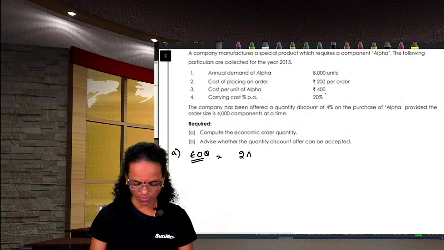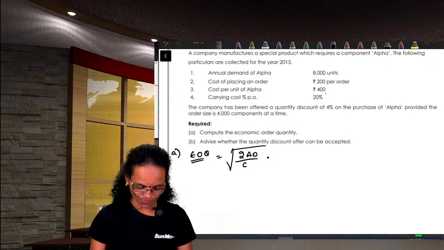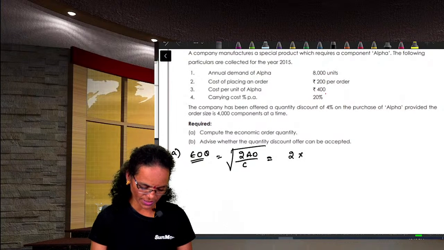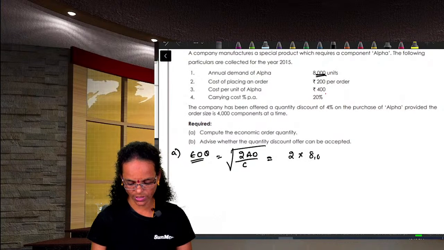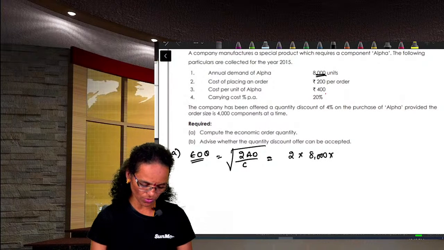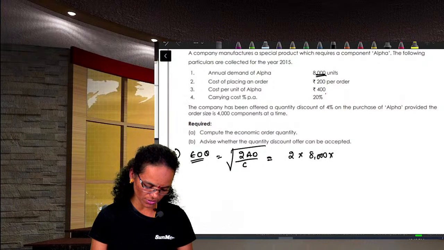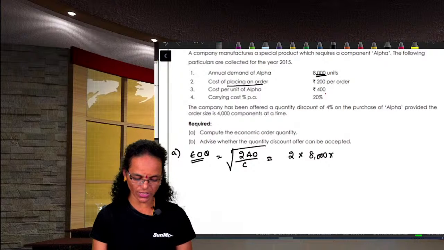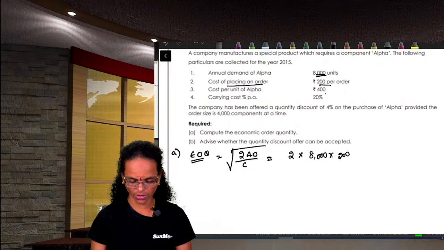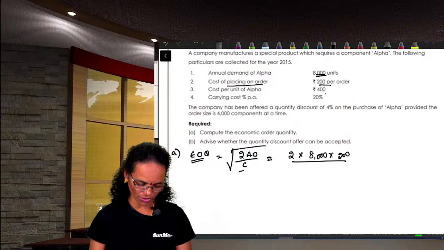You know the formula for economic order quantity: under root of 2AO by C. 2 into A, annual demand 8,000 units, into O, ordering cost, which is 200 rupees per order, divided by carrying cost.